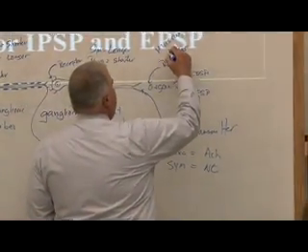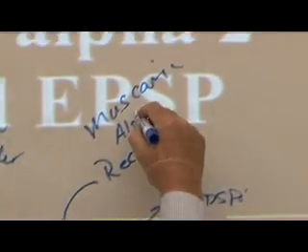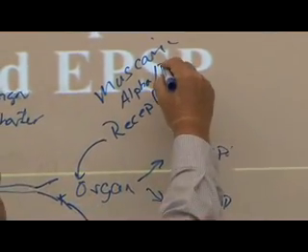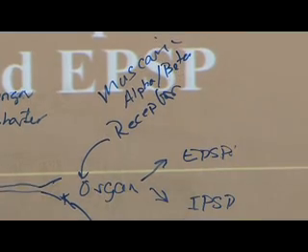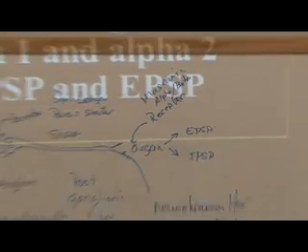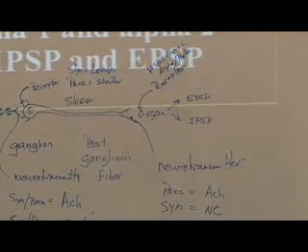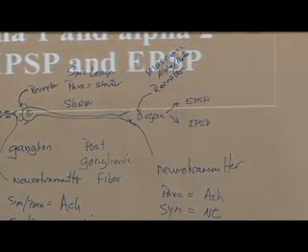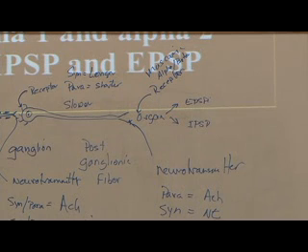So we have receptors we call alpha receptors, and we have receptors we call beta receptors. And so we know we have two different types of receptors that norepinephrine will bind with, alpha and beta. And that's how we can understand how you can have an EPSP at one organ but an IPSP at another organ, because you have different receptors that the neurotransmitter binds with.